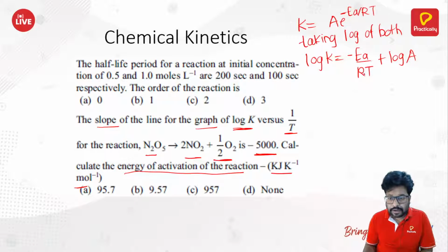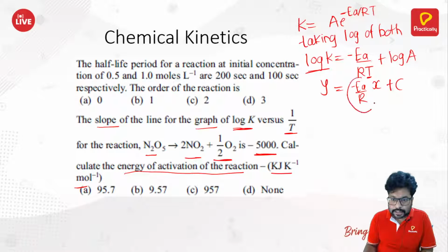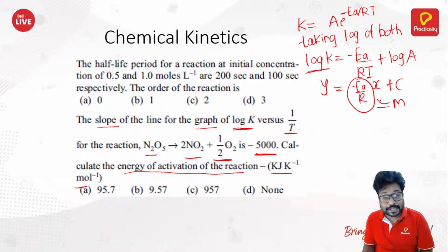So log of K versus 1 by T: this is Y, 1 by T is your X, then minus Ea by R plus C. So minus Ea by R is your M. So this is basically the Y is equal to MX plus C equation, which is the straight line equation.